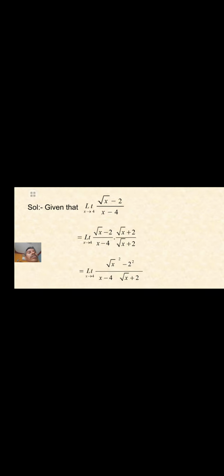So in the numerator we have (a − b) into (a + b), so we can write a² − b². So we can write (√x)² − 2².